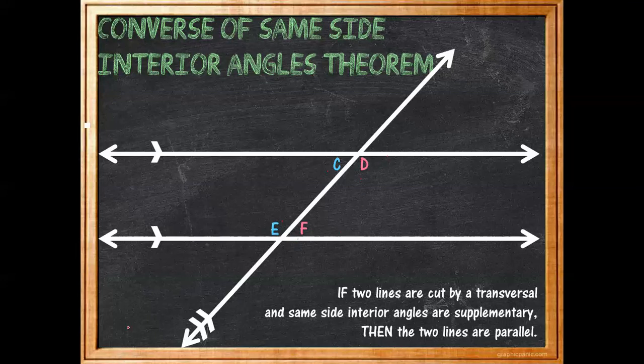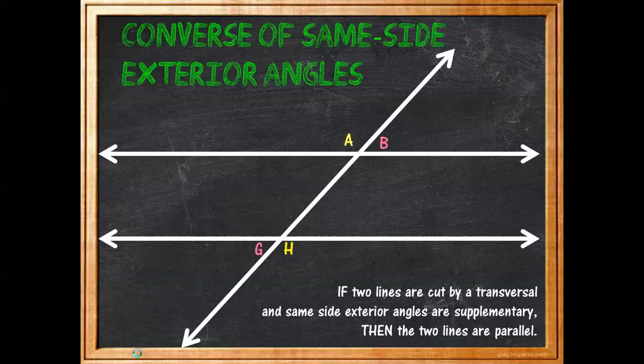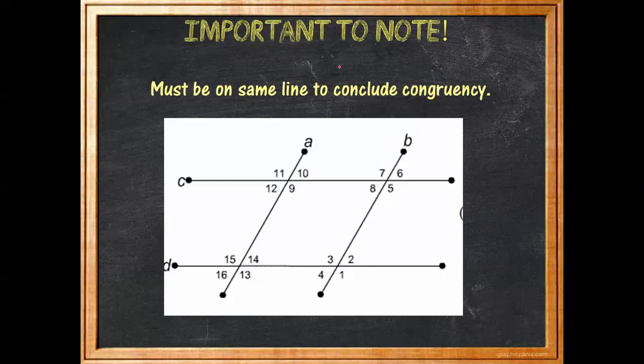lines are parallel. And remember, when we're talking about parallel lines, it has to be the two lines that the transversal is cutting. And remember that they have to be on the same line in order to conclude congruency.